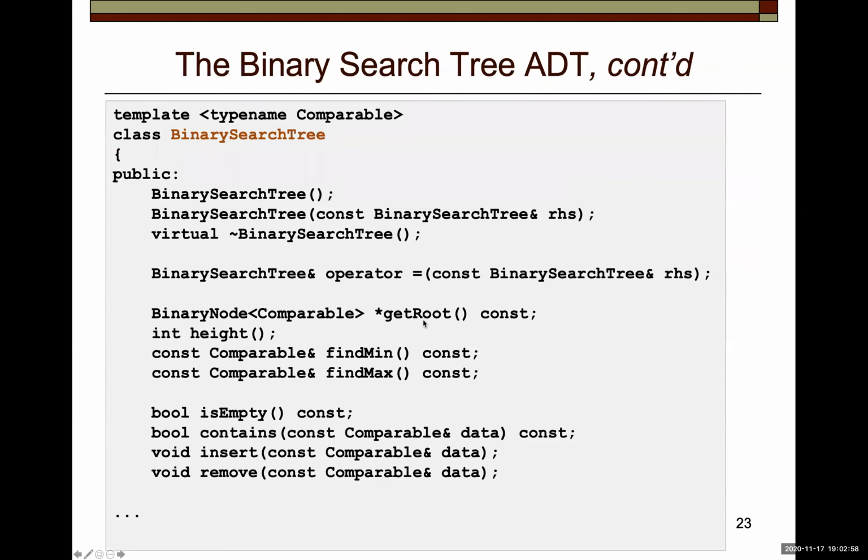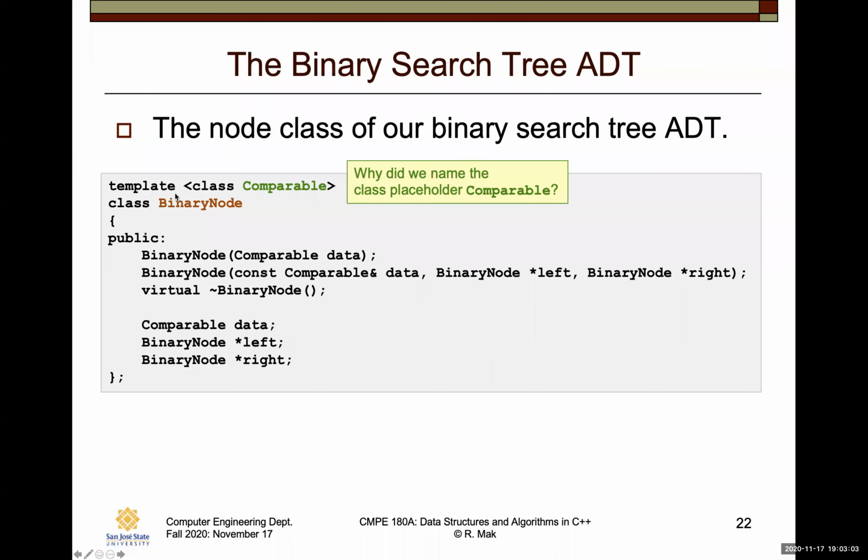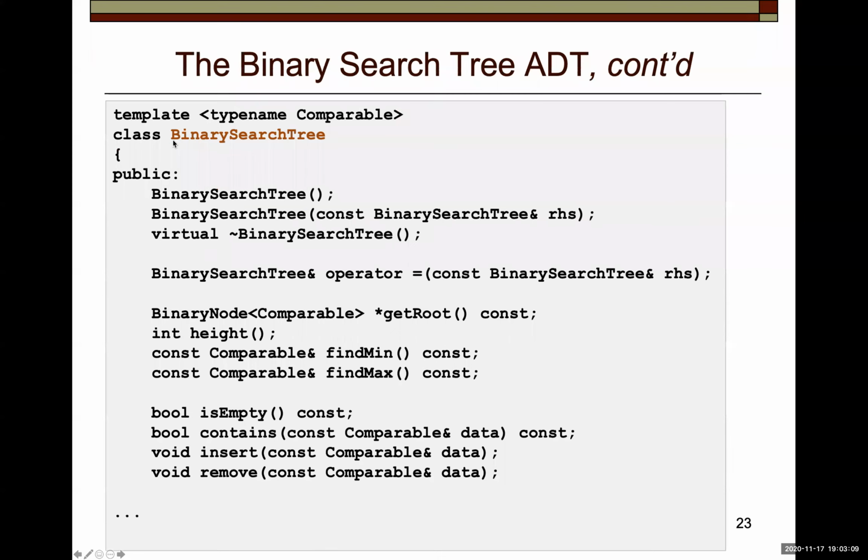All right, and so here, if this is the template class for the node, each node of the tree, then the tree itself is also a template class. It's called binary search tree.